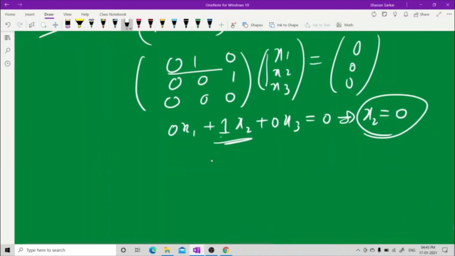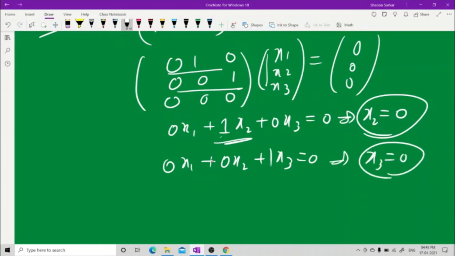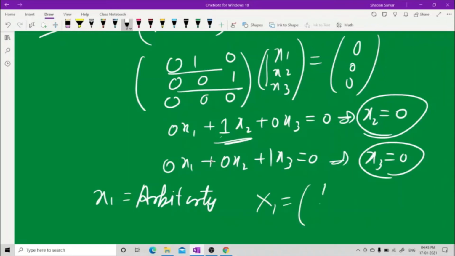With the second equation, I'll get 0 x1 plus 0 x2 plus 1 x3 equal to 0, which will always give me x3 equal to 0. x1 is arbitrary. You can take any value as you feel. So my first vector will be 1, 0, 0.